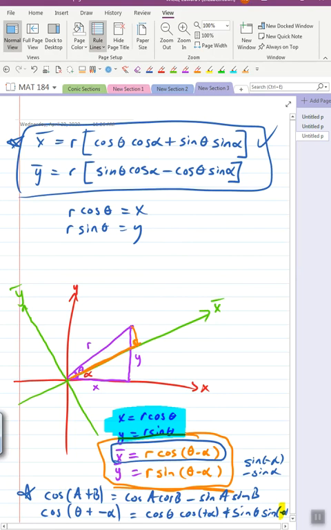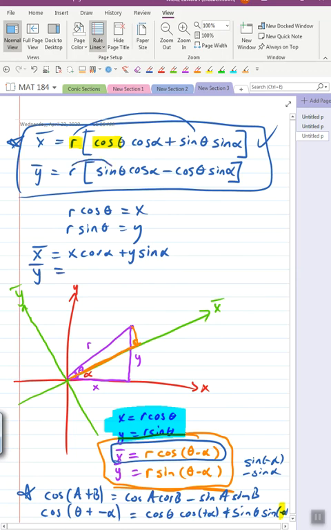So do you see that in that first equation you could write x bar as r cosine theta times cosine alpha, and that would be x times cosine alpha. When you distribute the r with this part, you're going to get an r sine theta. That's a y. You can do the same thing with the other one.